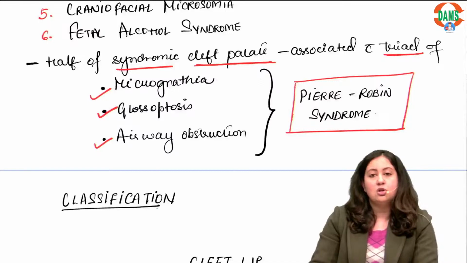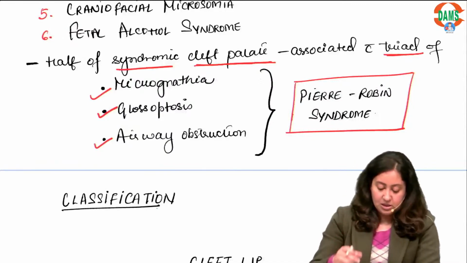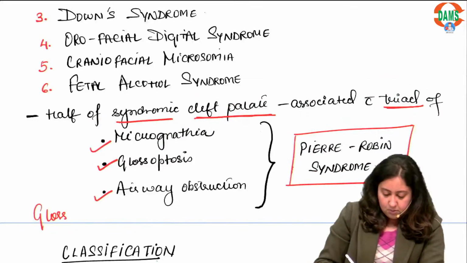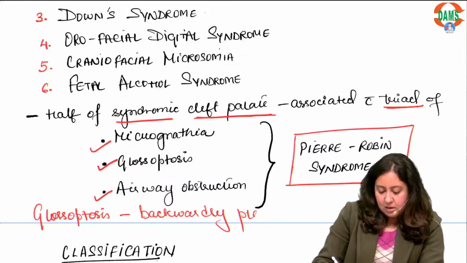Now, what is glossoptosis? Glossoptosis is a backwardly placed tongue. You may just make a note over here.